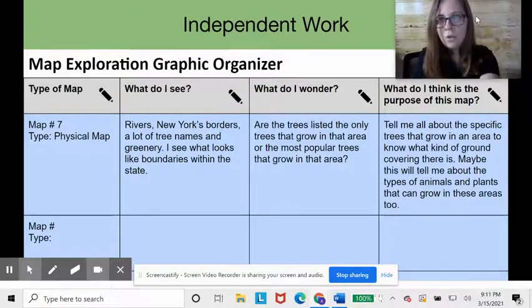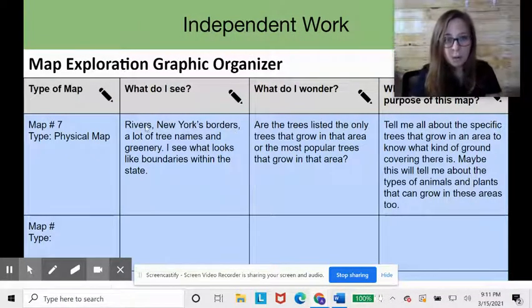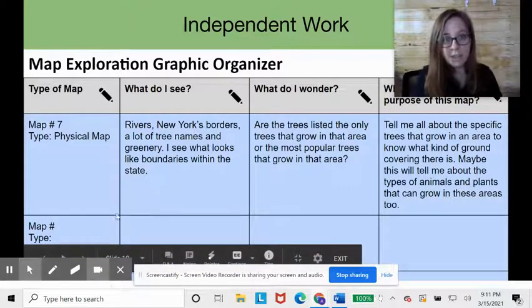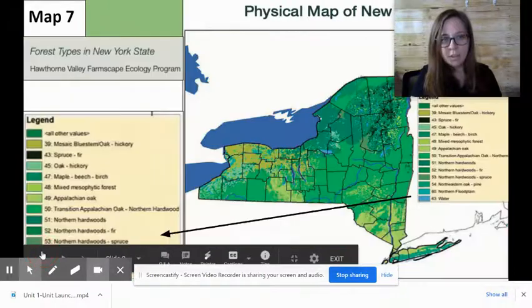And then I jotted what I saw. I saw rivers, I saw New York's borders, I saw a lot of tree names and a lot of greenery. I see what looks like boundaries within the state. What do I wonder? So looking at the map, let's go back to it.